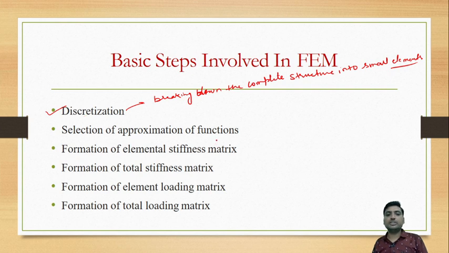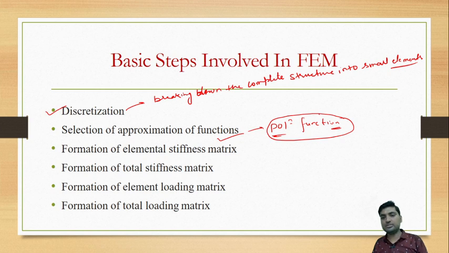Selection of approximation of functions. We need to select the approximate polynomial function. When we go for the analysis, we will see how we select the polynomial function, what is the method to select it, and on what criteria it depends. Then coming to the elemental stiffness matrix, we need to create the stiffness matrix.